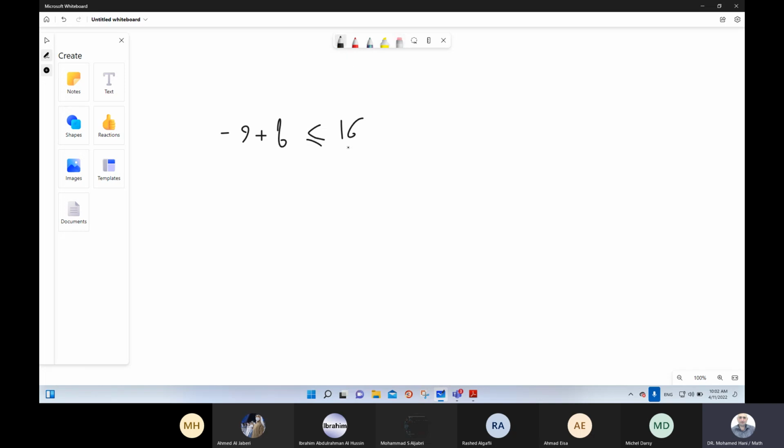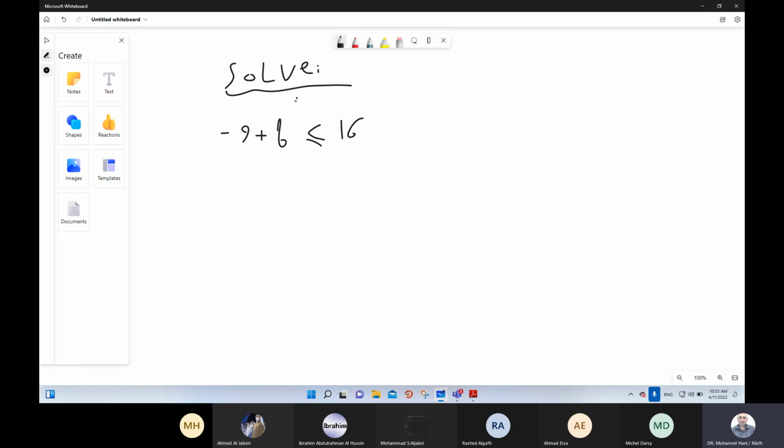We have this inequality, and we want to solve this inequality. What does it mean to find the values of the inequality, or solve the inequality, or find the solution set? It means find the values of b.